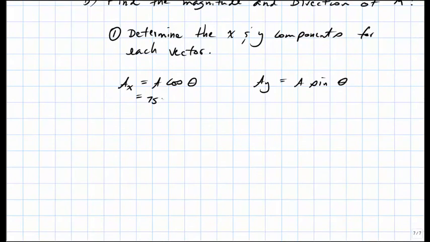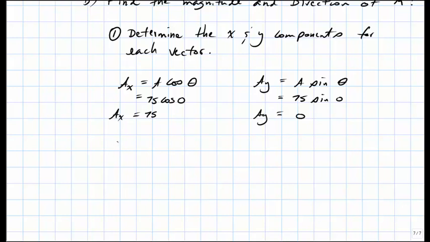So this becomes 75 times the cosine of 0, and A sub y equals 75 times the sine of 0. Now let's enter these values into the calculator, and what we'll find is the cosine of 0 is 1, and so A sub x just equals 75, and A sub y will equal 0 because the sine of 0 equals 0. In other words, the vector A has no y component.